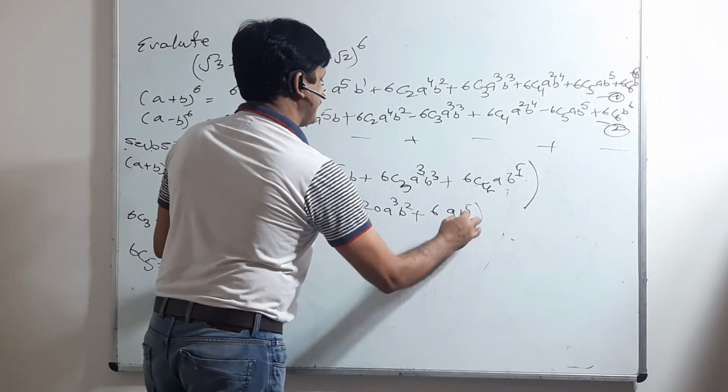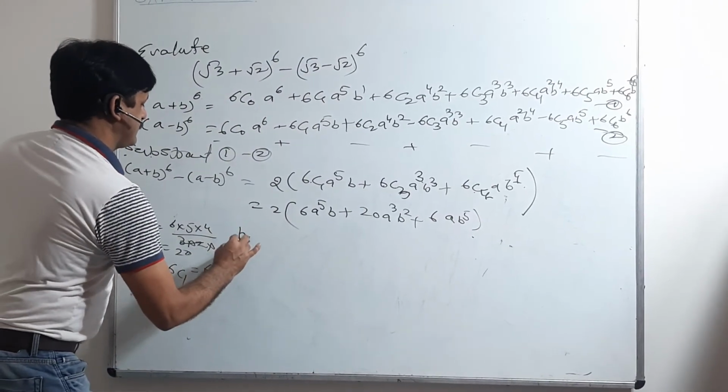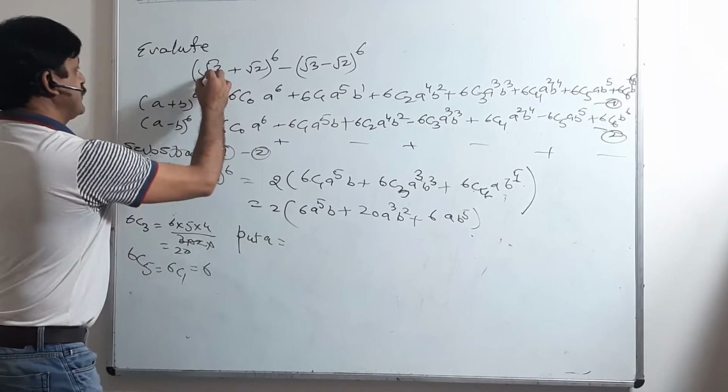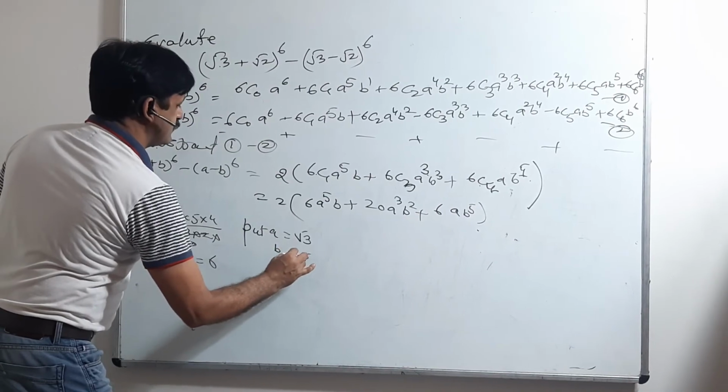Now put a is equal to root 3 and b is equal to root 2.